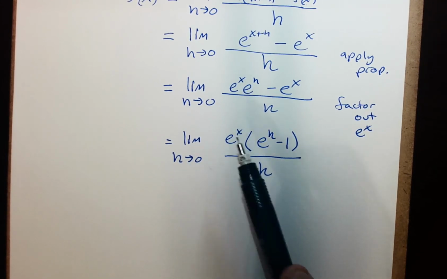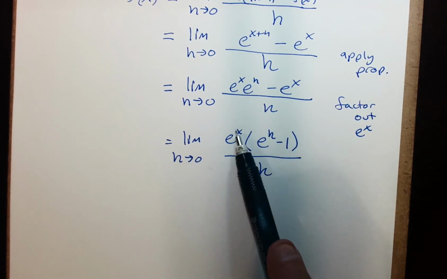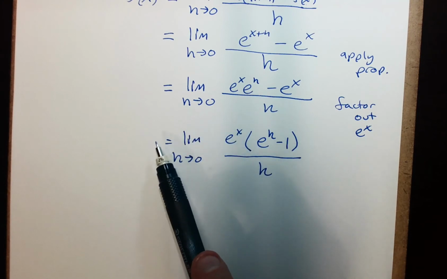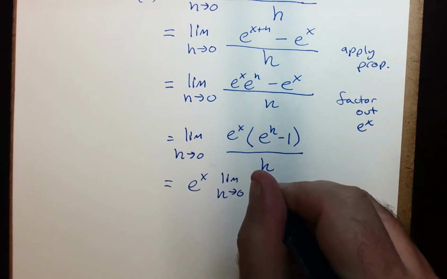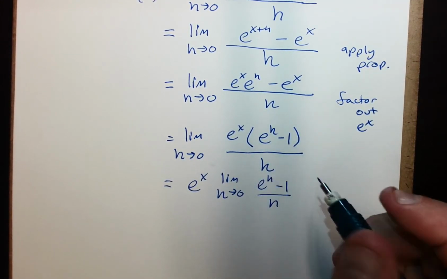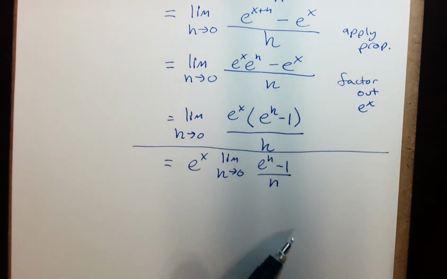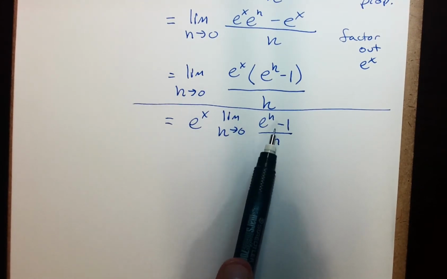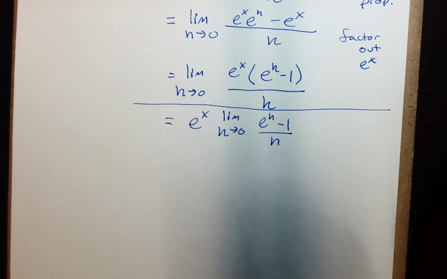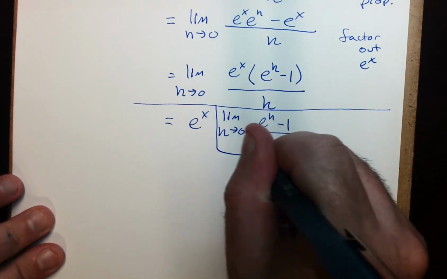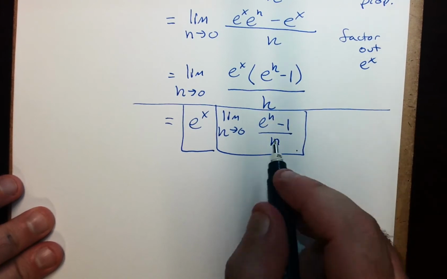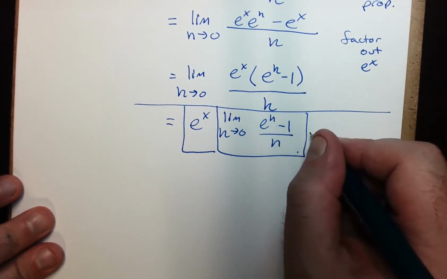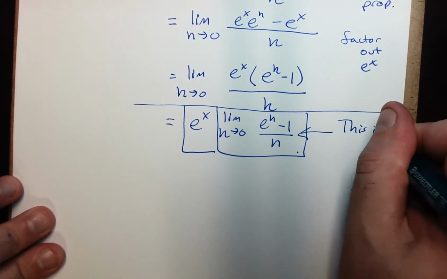So this limit actually has nothing to do with e to the x. It has to do with h, which is over here in this part. So since this doesn't have an h in it, this can actually come out in front of the limit. So you get this: e to the x times the limit as h goes to 0 of e to the h minus 1 over h.